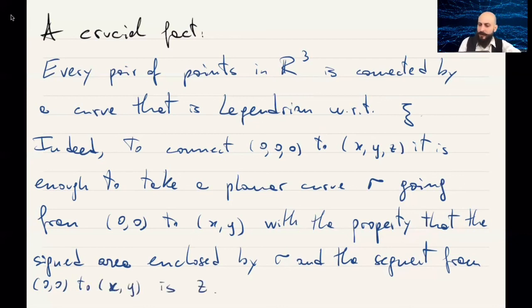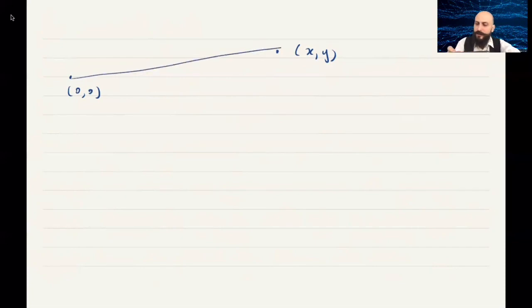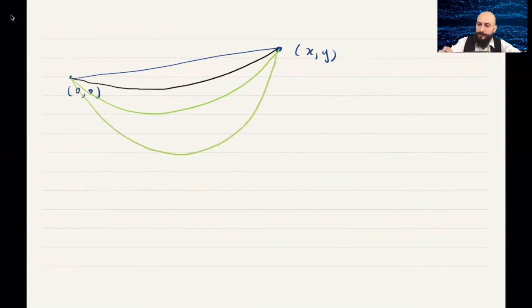In other words, to connect to a point x, y, z, what do we have to do? We have the point 0, 0. We have the point x, y. Okay. If you take the straight line, we have enclosed area 0. So if z was 0, we can take this curve. Otherwise, we cannot. But it's pretty clear what to do. Just take a family of curves, and the more you move this curve, the more area you enclose.